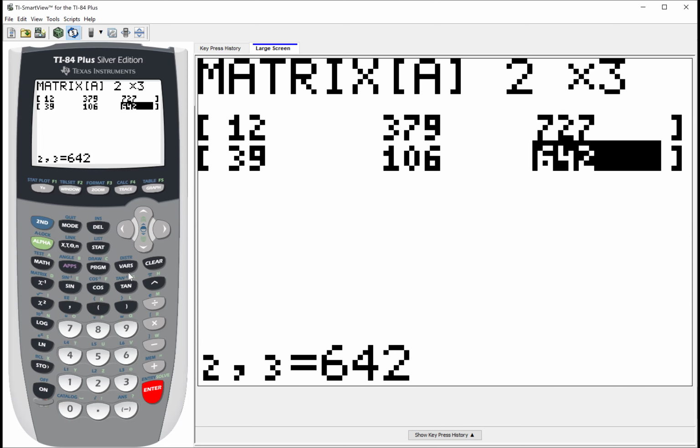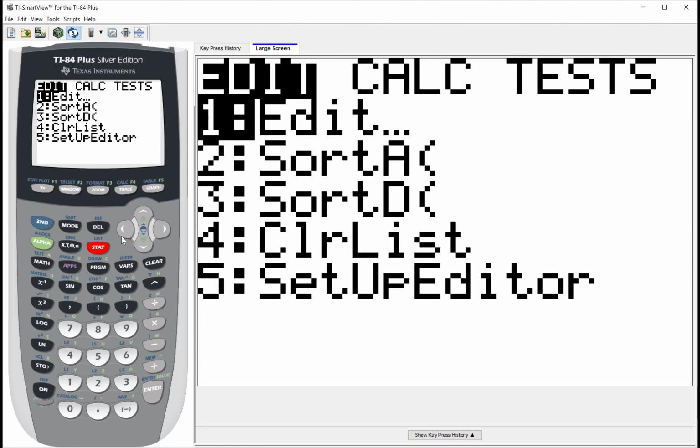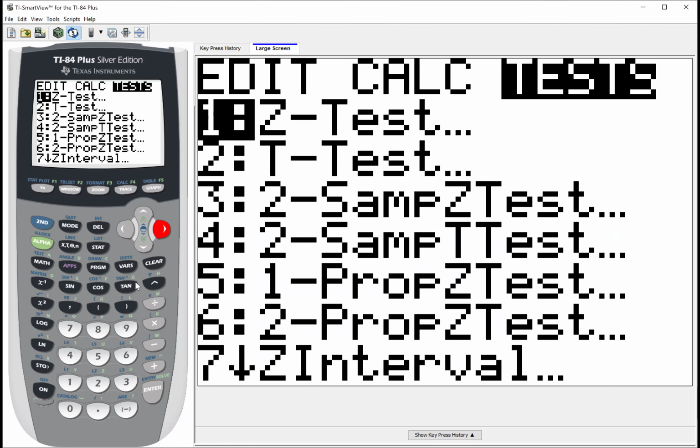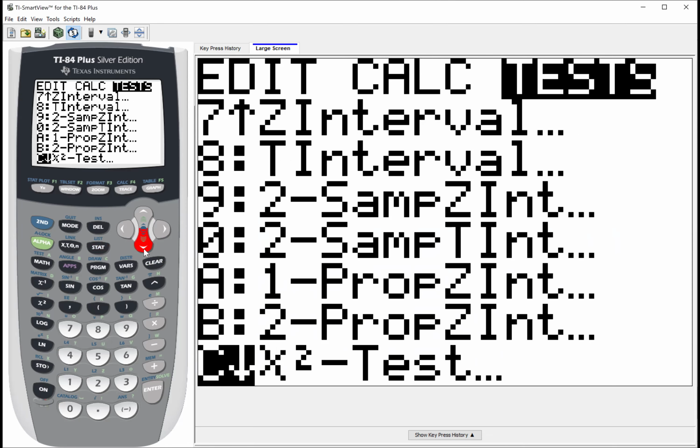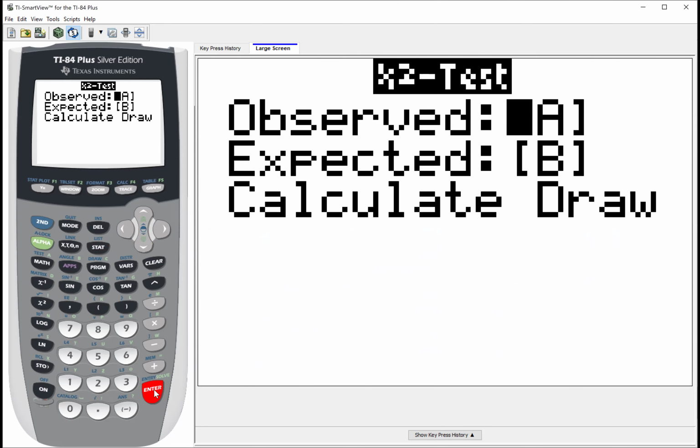And now we're going to perform a chi-square test. So we could press stat. We arrow over to tests, and it's option C, chi-square test. The observed is the matrix where you just entered the contingency table. I said to always use A because it's just easier, since we've been using A every previous time.